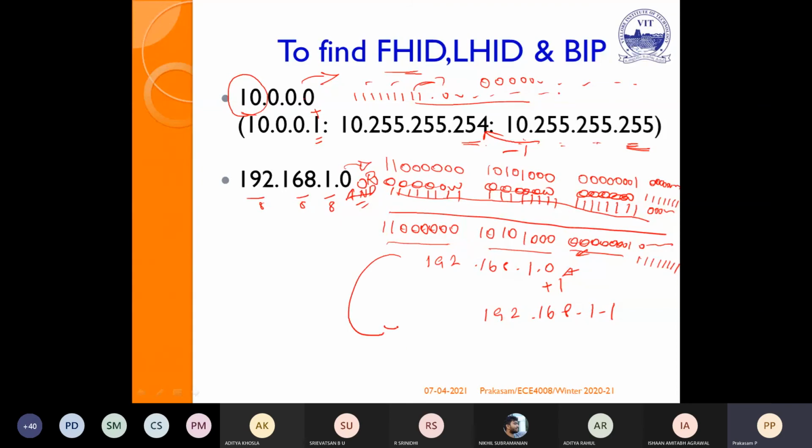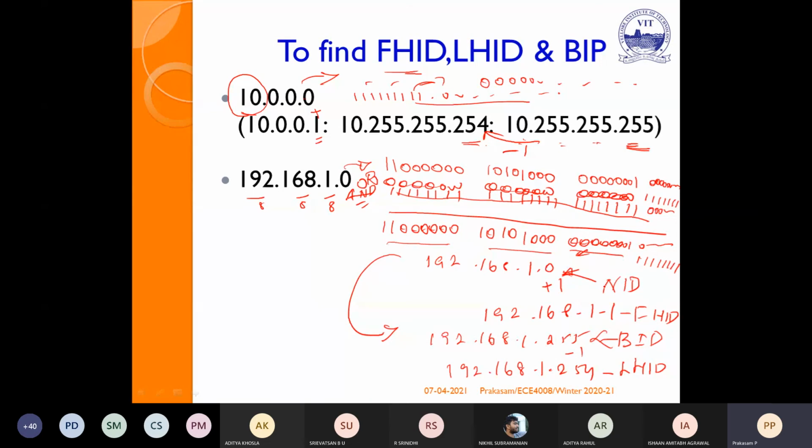Convert these into decimal: 192.168.1.255. This is the broadcast ID. Minus 1 is the last host ID, so 192.168.1.254 is the last host ID. This .0 is the network ID.